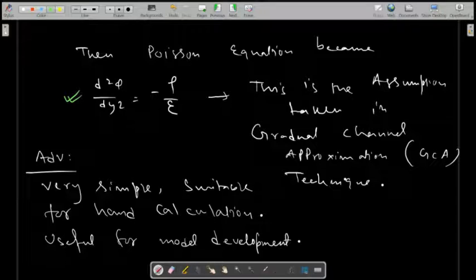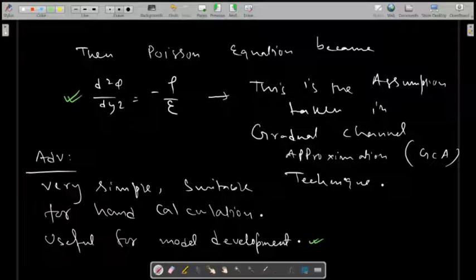Lots of complicated equations will come, and it is really difficult to solve them. So the advantage of GCA is that it is very simple, suitable for hand calculation, and useful for model development. That's why people use the gradual channel approximation technique.